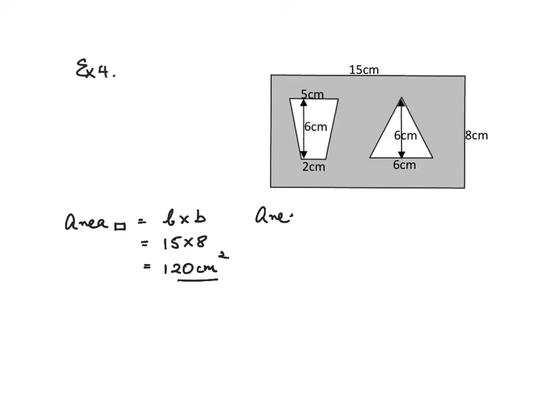Area of the triangle, that's 1/2 the base times the height. So 1/2 of 6. 1/2 of 6 is 3. 3 times 6 is 18 centimetres squared. And the last thing we'll do is the area of the trapezium.